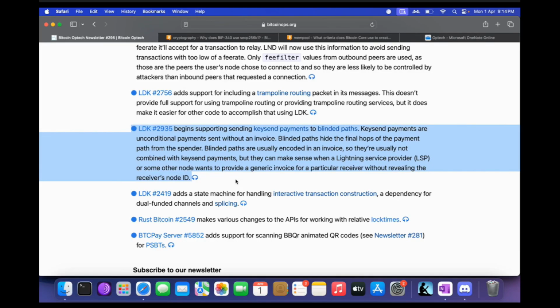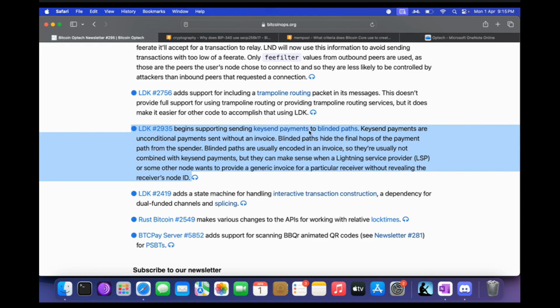When they unwrap their layer, they don't see the pre-image until it reaches the final recipient. When the final recipient unwraps its onion layer, it sees the pre-image and recognizes that it does not have to forward the payment any further and the payment belongs to it. So keysend payments are a mechanism through which a sender can send a payment to a recipient over the Lightning Network without the recipient needing to send an invoice beforehand.